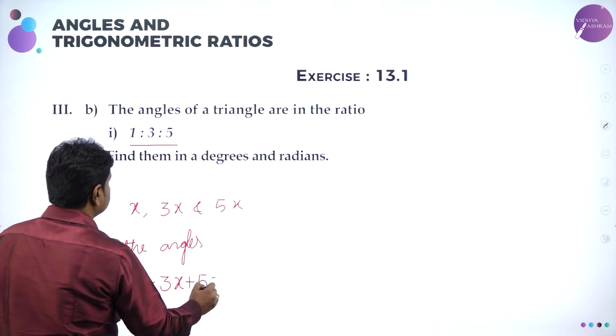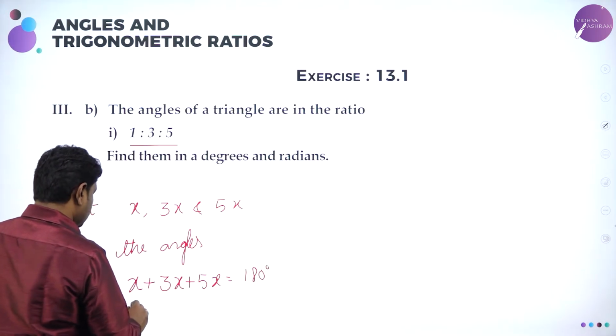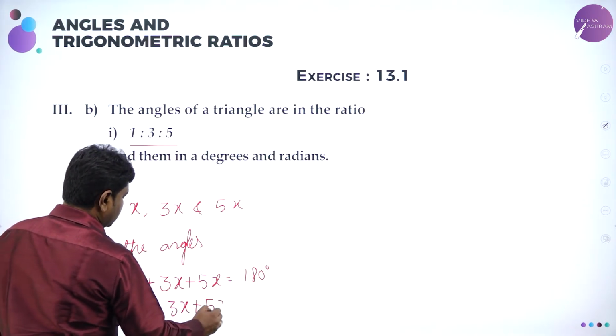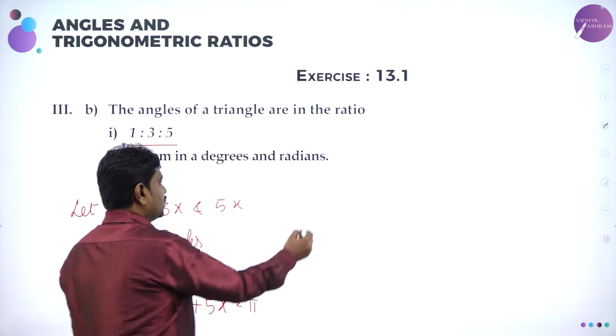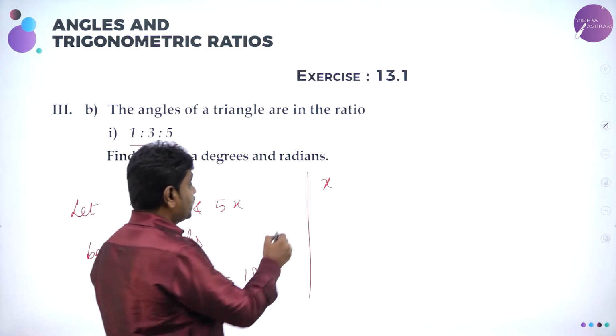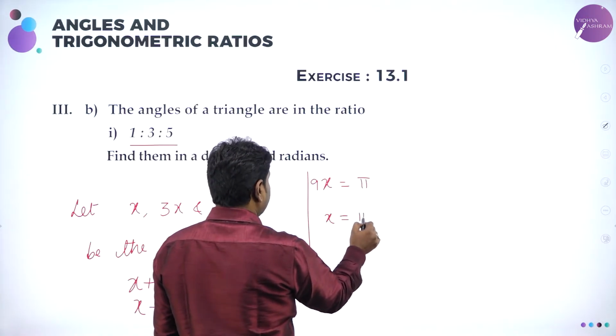The sum of the angles is 180 degrees, which I can also say as pi radians. So x plus 3x is 4x, 4x plus 5x is 9x. 9x is equal to pi, x is equal to pi by 9.